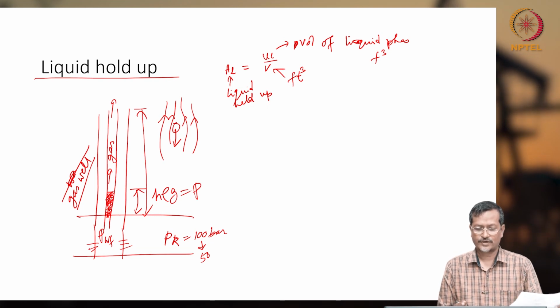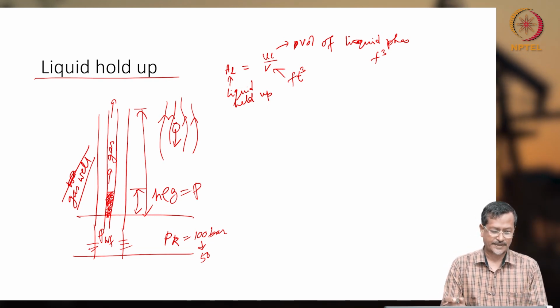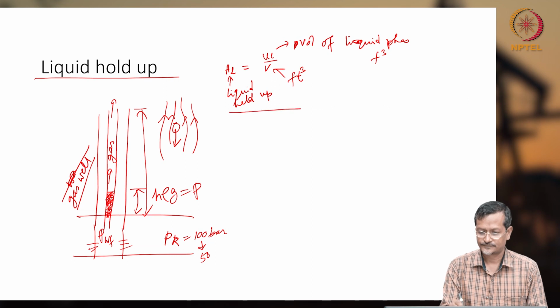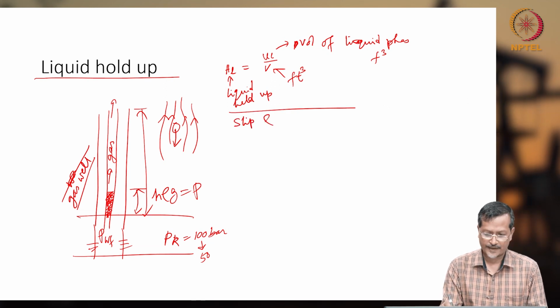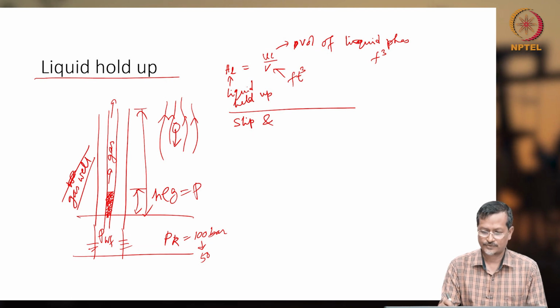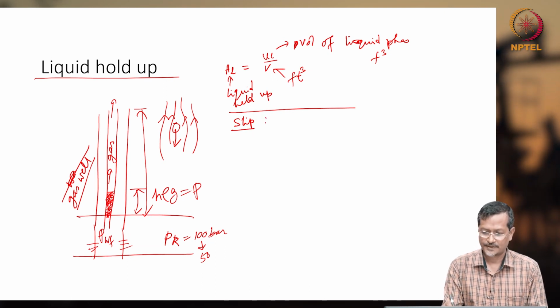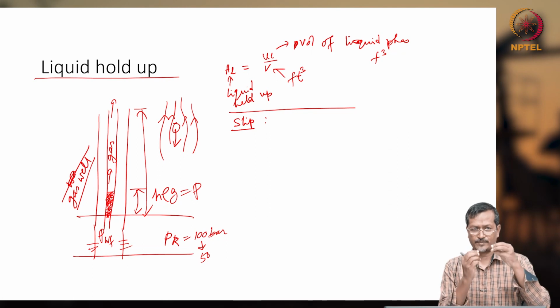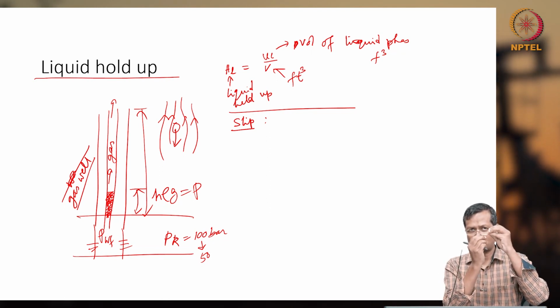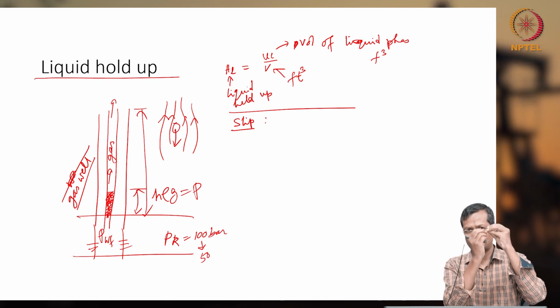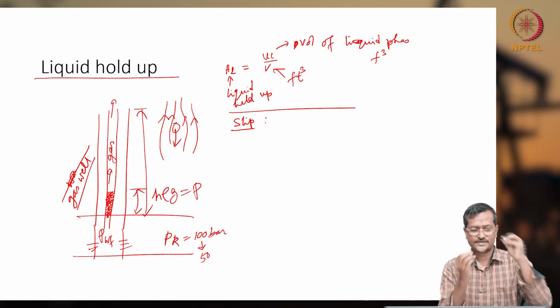Now, two other terms will come here: one is slip, and the other is liquid holdup. Slip means liquid holdup is happening because gas is moving up and liquid is not following the same velocity, so it is slipping down. This is called slip.